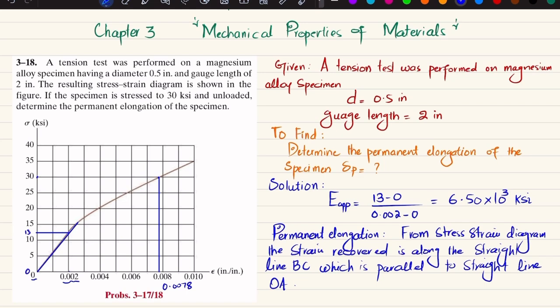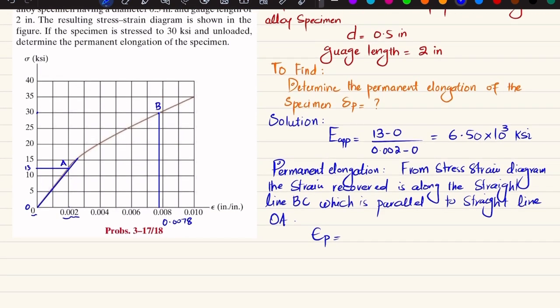We can find this permanent strain. How will you find this? Let this be point O, this is A, and this is B. So permanent deformation will be equal to, you can see at point B we have the total strain, which is 0.0078.